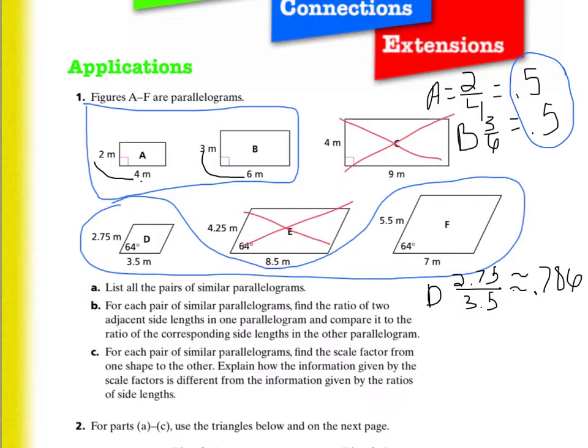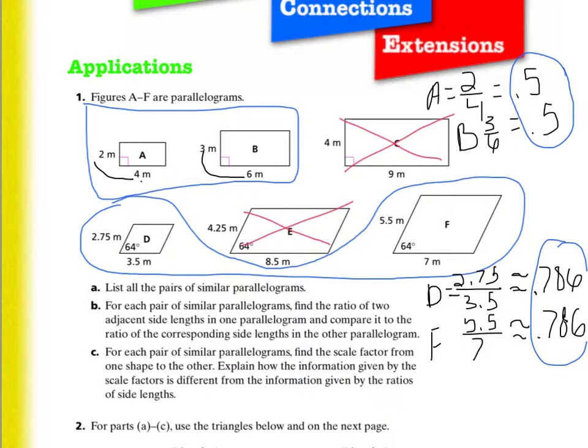And for F, 5.5 over 7 gives you approximately 0.786. So this is also the same ratio.